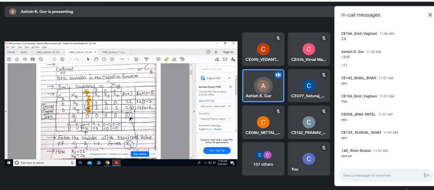So 10 minus 0, Zj is 0, 10 minus 0 is 10. Then 9 minus 0 is 9. Basically everything same, right? 10, 9, 0, 0. Because if you subtract 0, nothing will change. 10, 9, 0, 0. Okay. So this would be the Cj minus Zj.